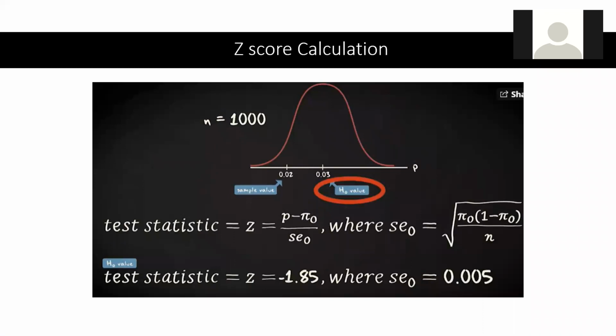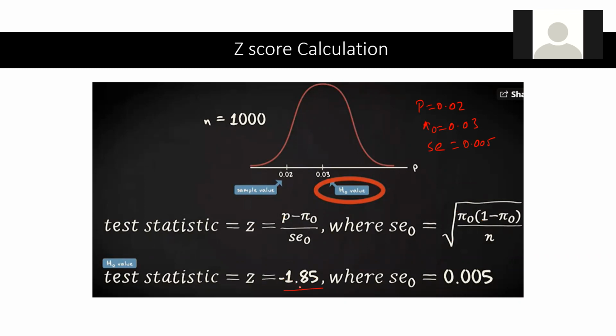So if we substitute these values, we get a z value of minus 1.85. If we substitute p equals 0.02 and pi naught equals 0.03, and the SE, once we calculate it, equals 0.005, we get z equals minus 1.85.